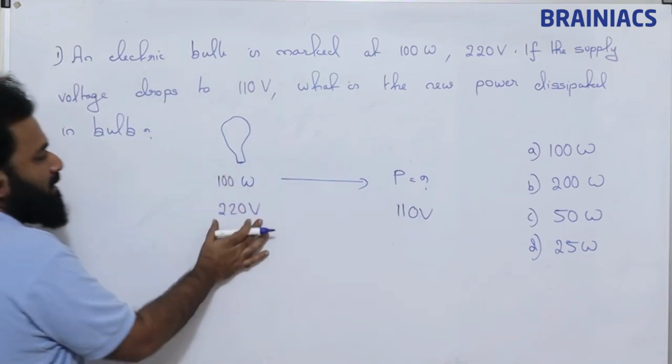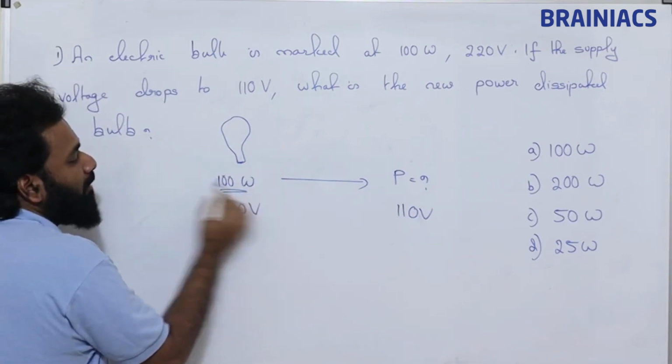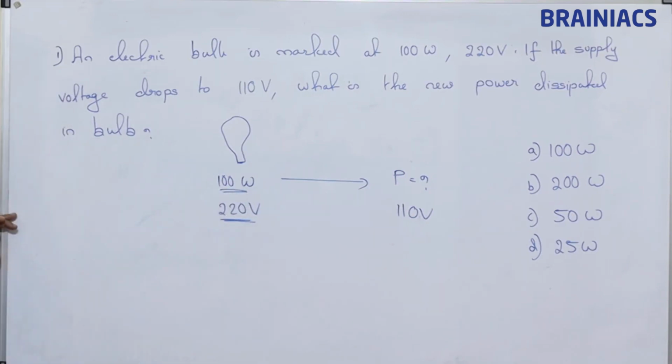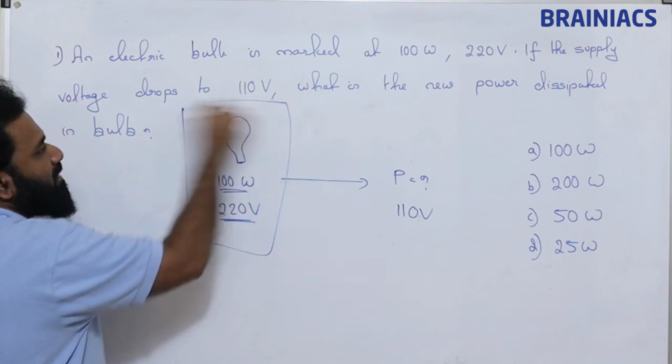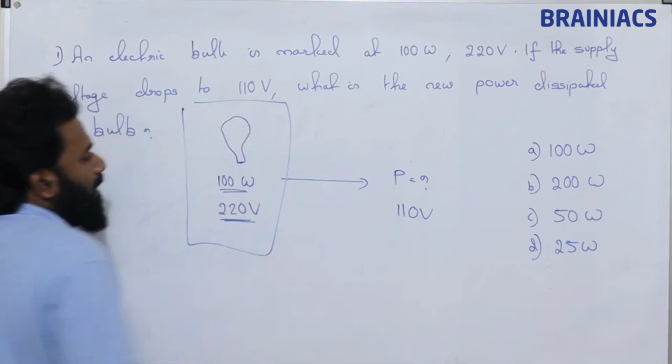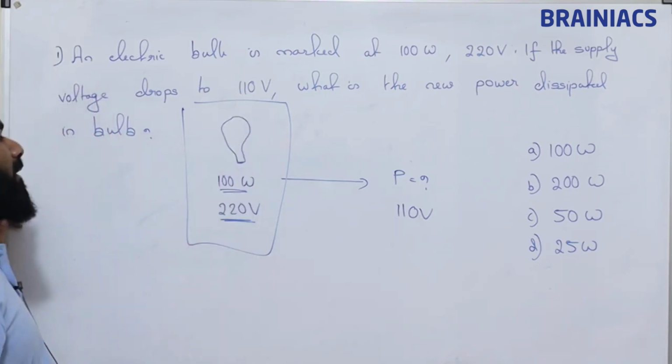The 100 watt is the power dissipated with the 220 volt supply, that is the power rating which is given. Now the voltage is reduced to 110 volt. What is the new power?